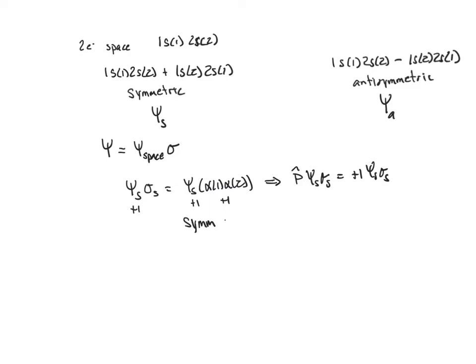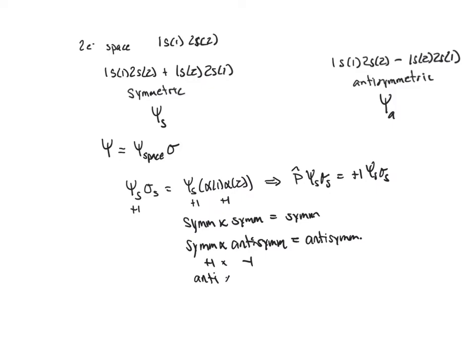However, if I take a symmetric times an anti-symmetric, that's like taking +1 times -1, and I get minus, and so that gives me an anti-symmetric overall wave function. And if I take anti-symmetric times anti-symmetric, then that's like taking a -1 times a -1, which gives me again a +1, and so that gives me a symmetric wave function.